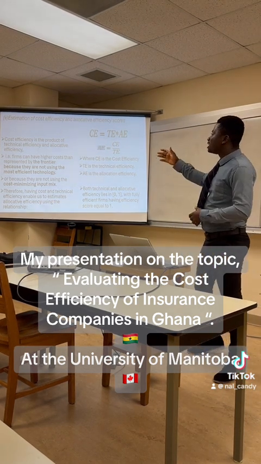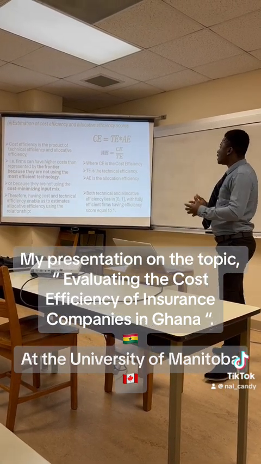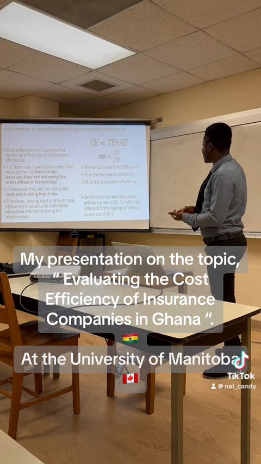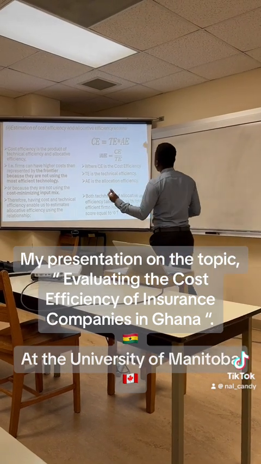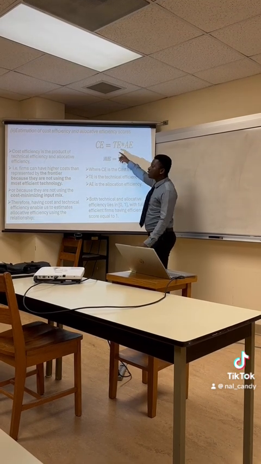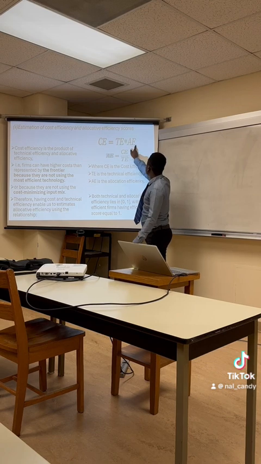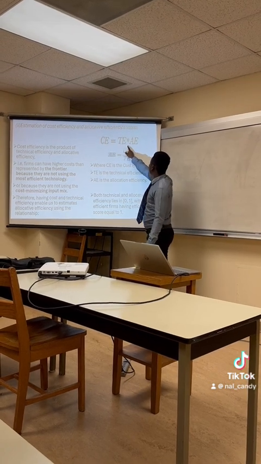This is because they are not using the most efficient technology, or because they are not using the cost minimizing input mix. To get the allocation efficiency, we do a small piece of mathematics by dividing the cost efficiency by the technological efficiency.